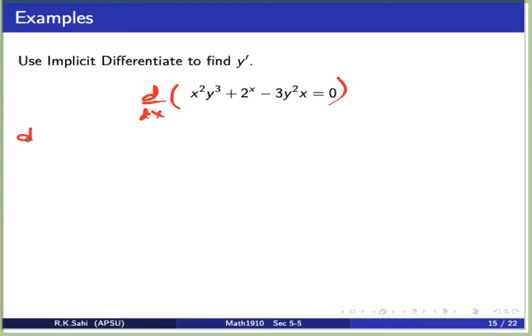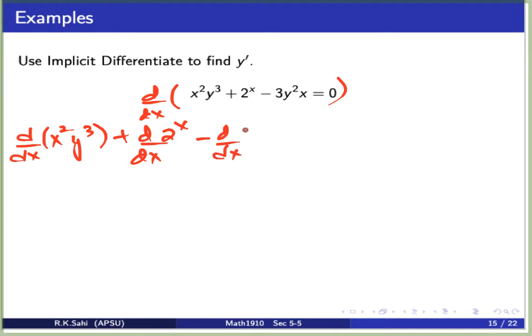And what you see is differential of x squared y cubed plus differential of 2 to the power x minus the differential of 3y squared x and differential of 0. Now differential of 0 is 0.